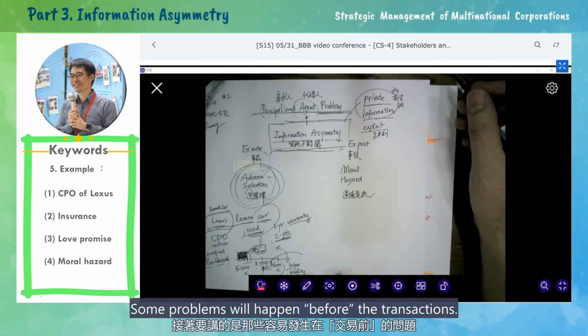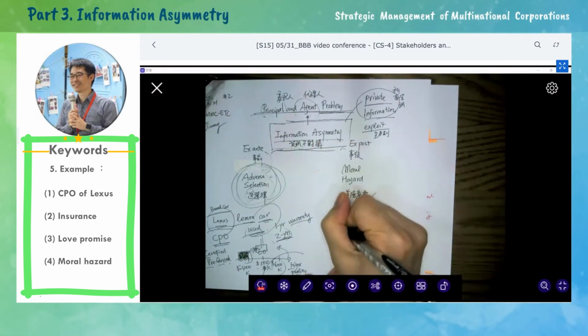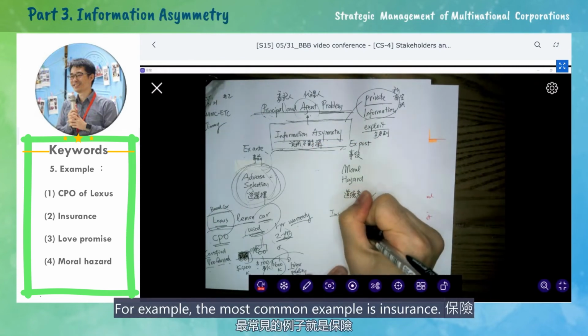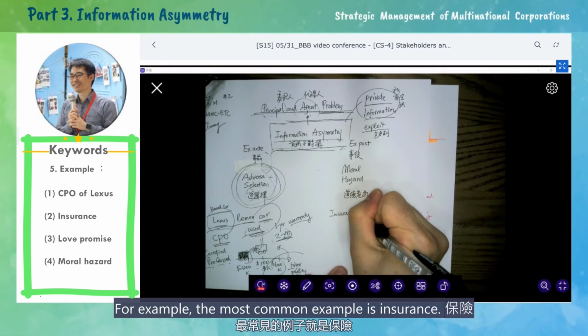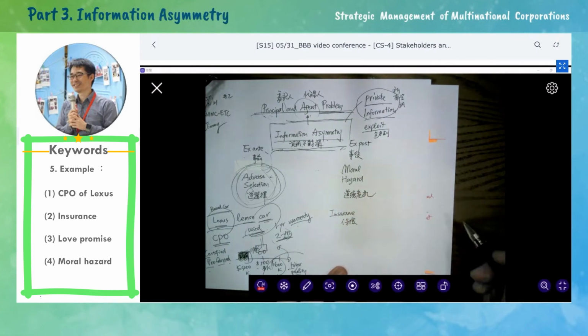But another problem will happen after the transaction. The most common example is insurance.